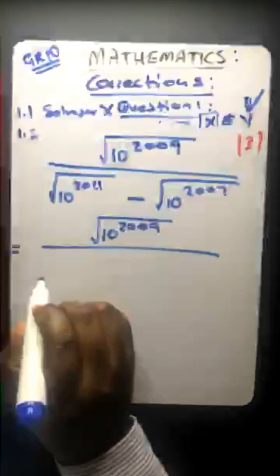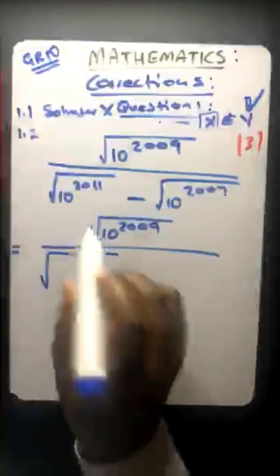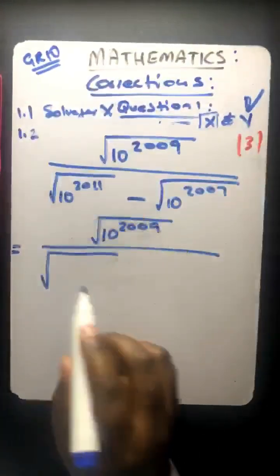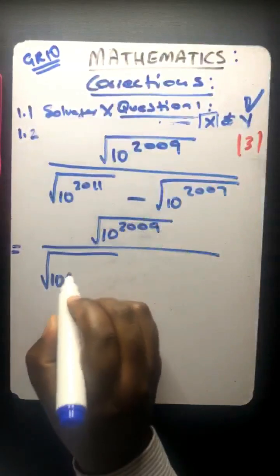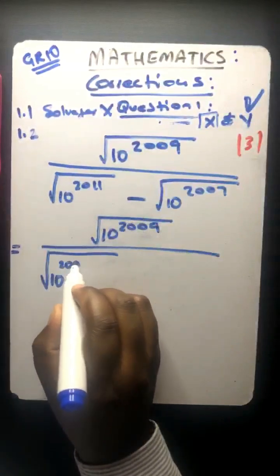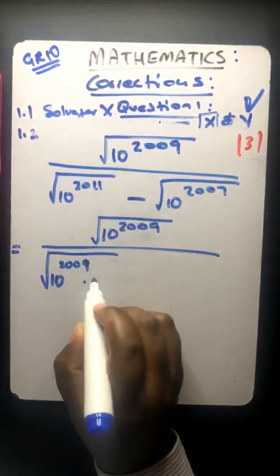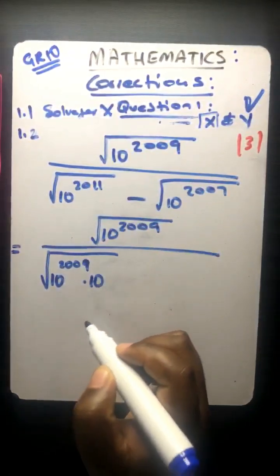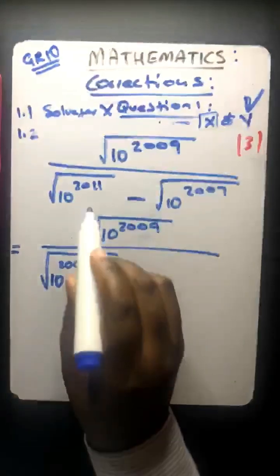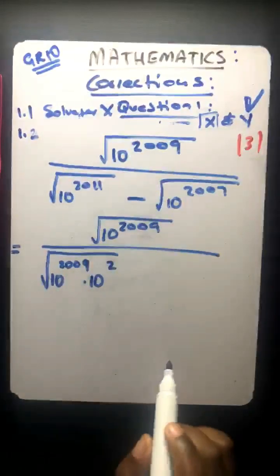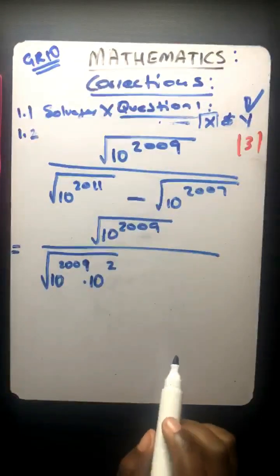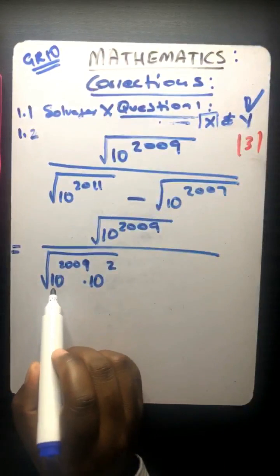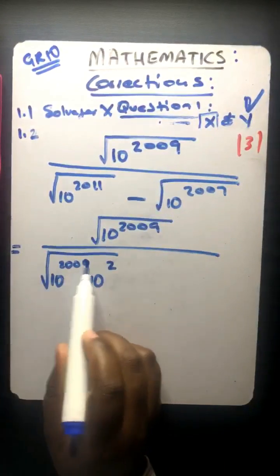So here I will need to somehow break this down. How can I break it down? What if I say 10 to the exponent 2009 multiplied by 10 to the exponent what? If you remember when we started with our lesson, I said there's a law which says when the bases are the same, you add the exponents.